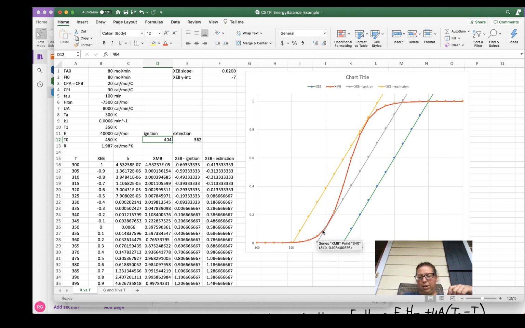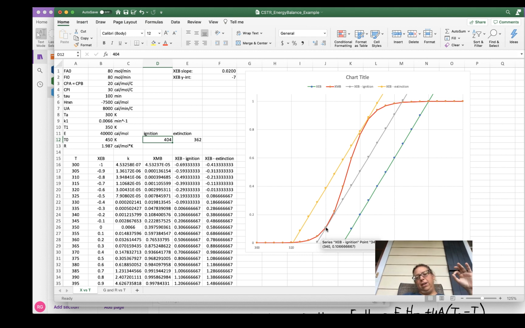At some point, I'm going to turn it up just a little bit, and the next place where the graph would intersect would be up here. So that's going to be where this energy balance line is tangent to this curve. So that happens about right here.